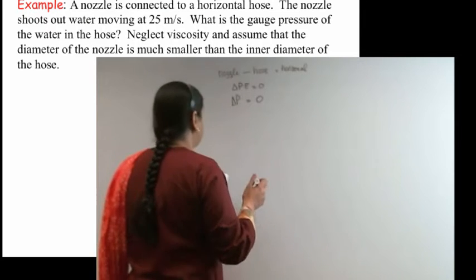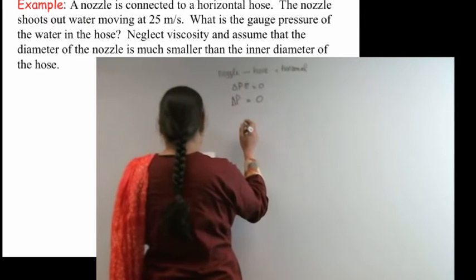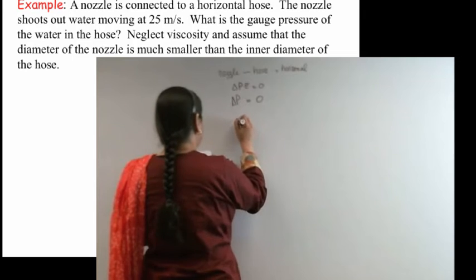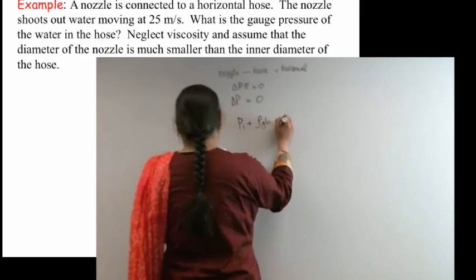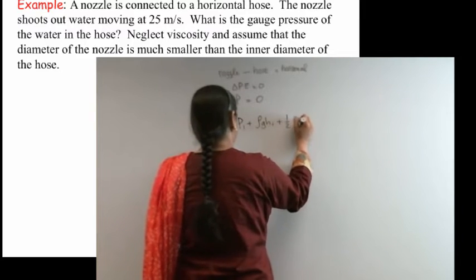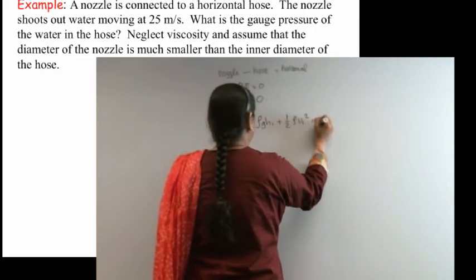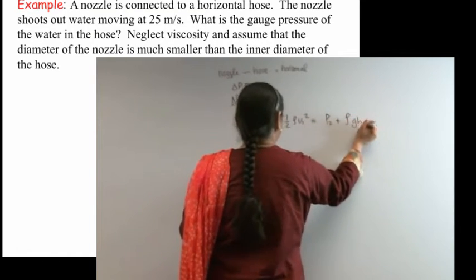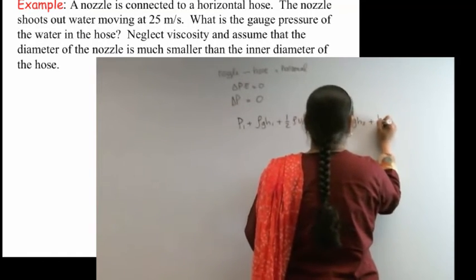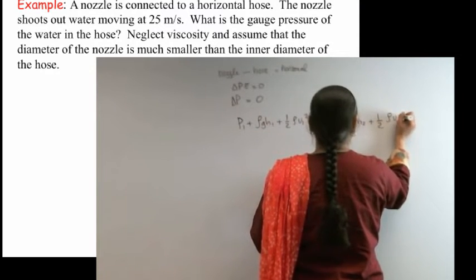Okay, so now what do I know? From Bernoulli's equation, I have P1 plus rho g h1 plus 1/2 rho V1 squared equals P2 plus rho g h2 plus 1/2 rho V2 squared.